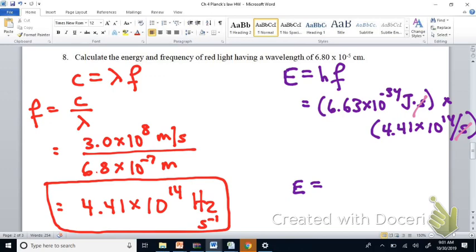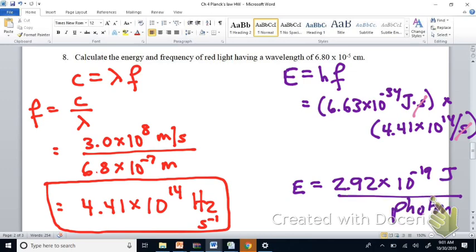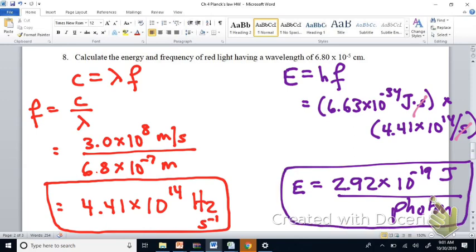And we get an answer of 2.92 times 10 to the minus 19 joules per photon, which is what they're asking for in this question. Joules per photon.